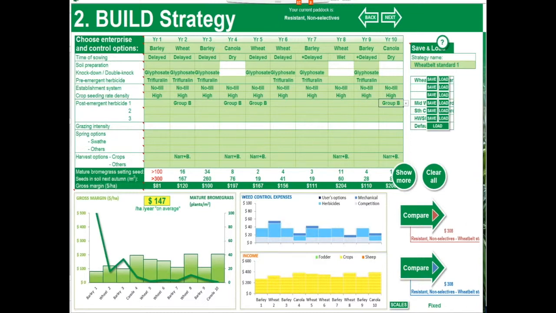Yeah, it does. With all of these things, it's much easier doing it on a spreadsheet than it is in real life, isn't it? But the spreadsheet does allow you to test some theories that you might have before you put them into practice. Yeah, and they're not just theories.